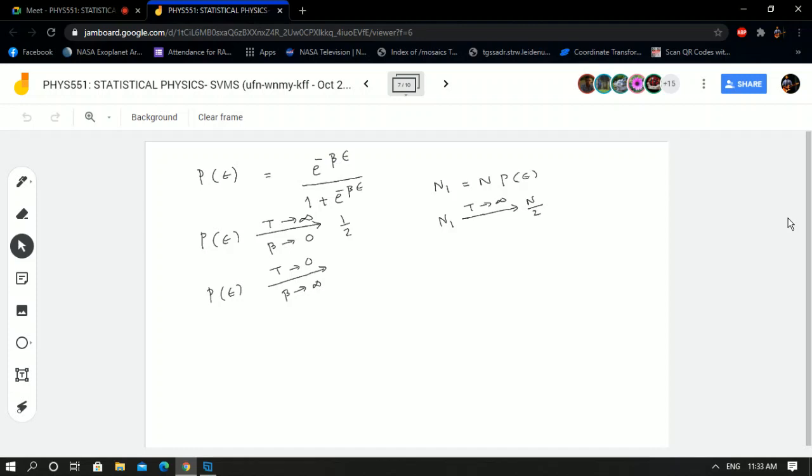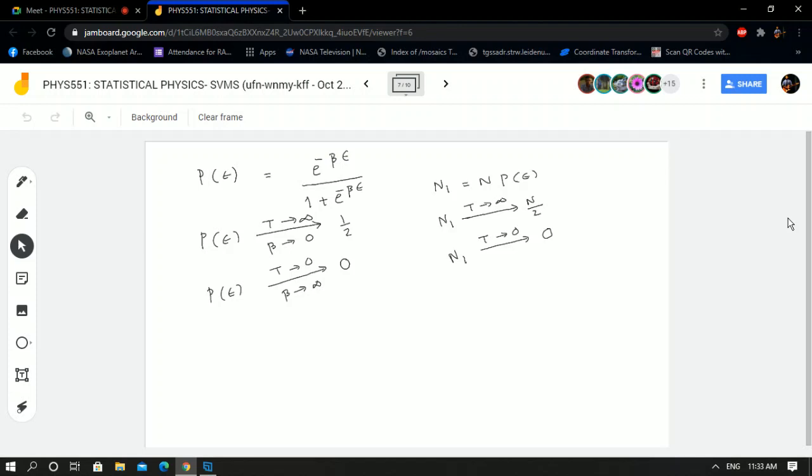So the probability of epsilon as T goes to 0 goes to 0. That means the number of excited state particles as T goes to 0 goes to 0. That means there are no particles in the excited state. All the particles are in the ground state.